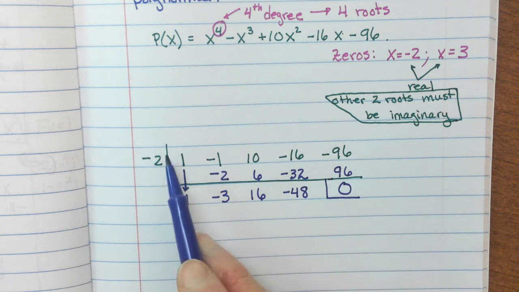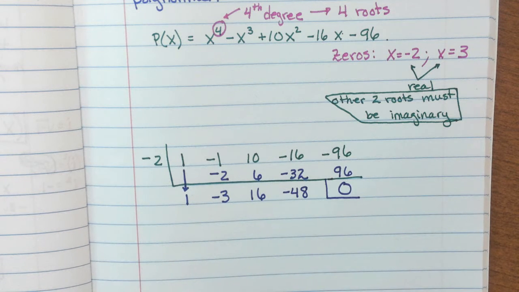This has to be 0 if I'm telling you this is a root. Now I'm not going to make this x cubed, x squared, x and constant.